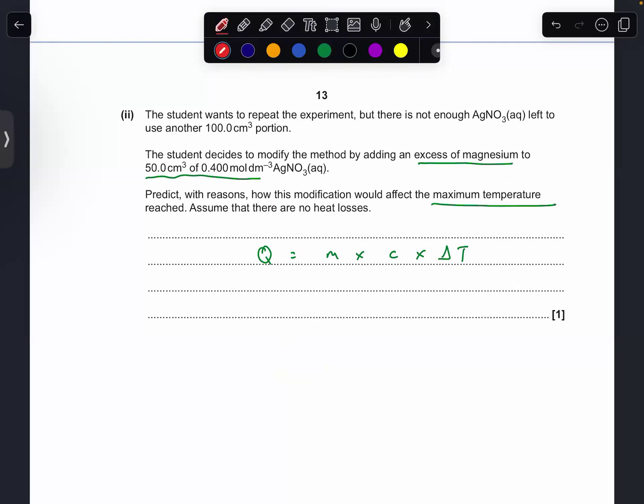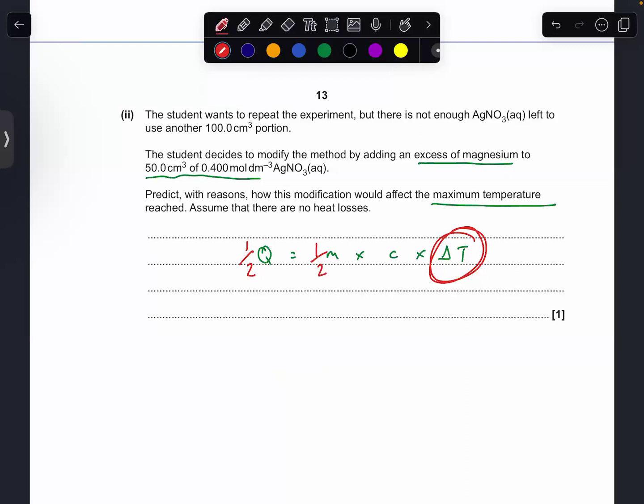You see, we are halving the mass. If we're halving the mass, the energy change will also be half, because halving the mass will mean that there'll be half the number of moles, and so the temperature difference would actually be the same.